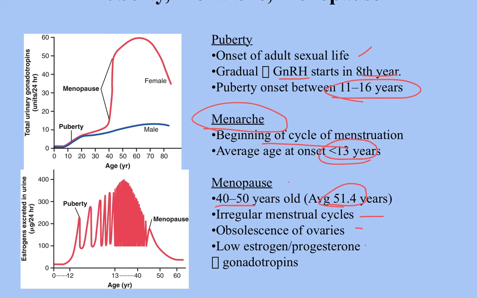And so what that does is it produces low estrogen, low progesterone, but you're going to have an increase in gonadotropins. The reason for that is your gonadotropins are like, hey, there's no estrogen here to shut me down, so I'm just going to start trying to cause the release of more estrogen. But it doesn't work, of course, because there is a physiological reason why you're not producing estrogen anymore, but your anterior pituitary doesn't know any better, so it's going to increase the production to try to stimulate more estrogen and progesterone.